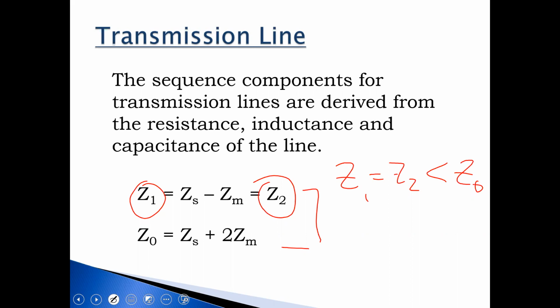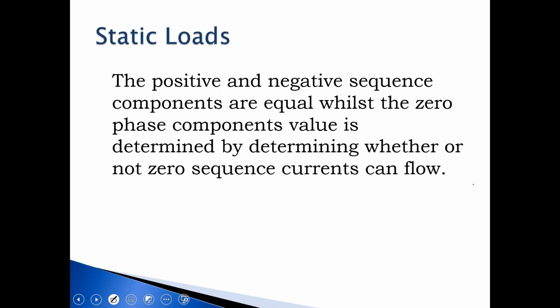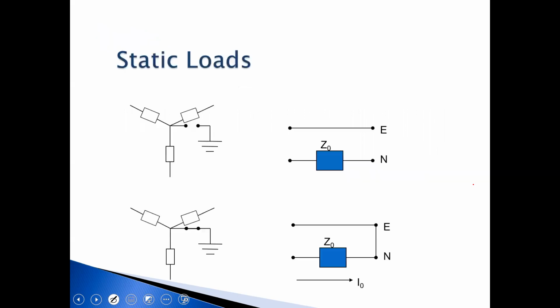All right. Then your loads will be represented in a similar manner as the transformer, meaning you will have zero sequence only if you have a path for zero sequence currents, meaning that it is grounded. It's a grounded star. So for your loads, here we have a star.